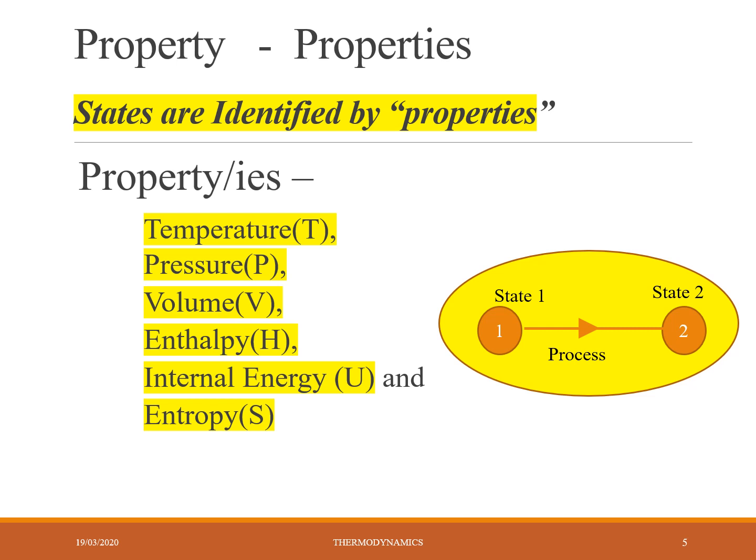Then I will ask a question. How do you identify a state? In other words, how do you distinguish state 1 and state 2? Then you should have another term or another quantity or another entity.